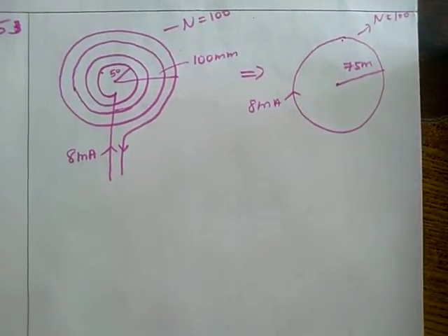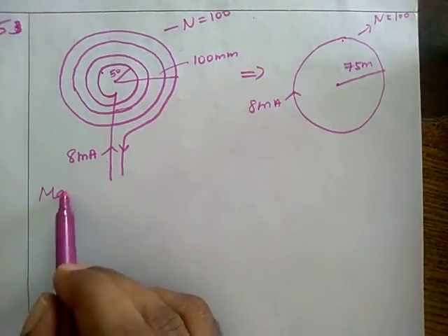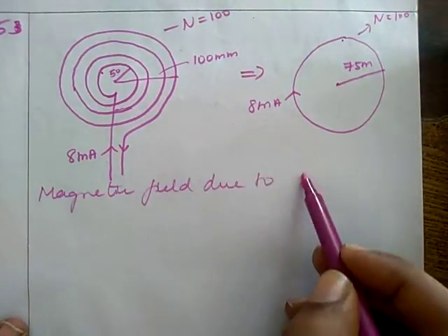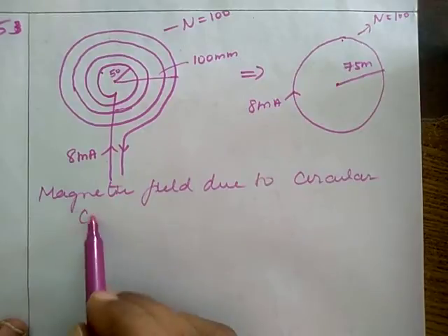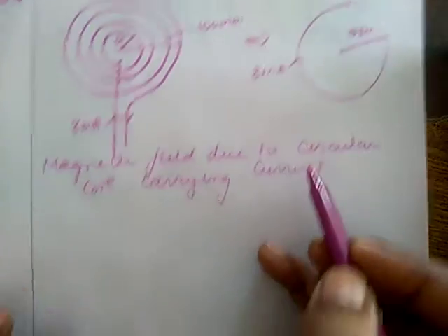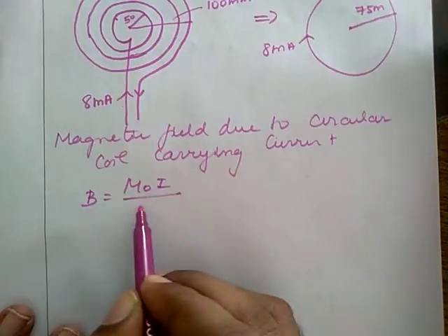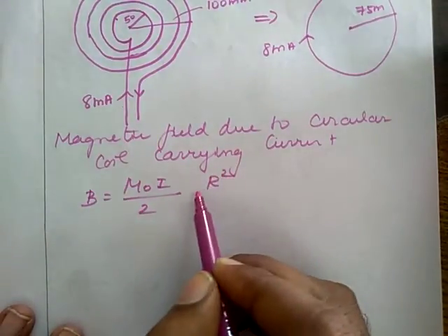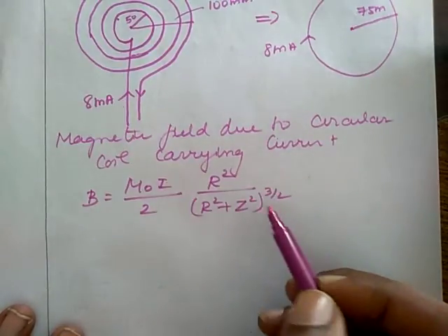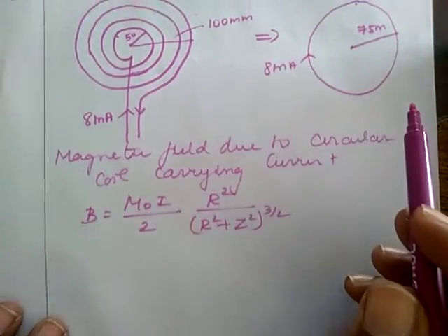We know very well the magnetic field due to a circular coil carrying current, that is B is equal to mu naught I by 2 into R square by (R square plus Z square) power 3 by 2. It is the magnetic field due to the circular coil carrying current at any point.